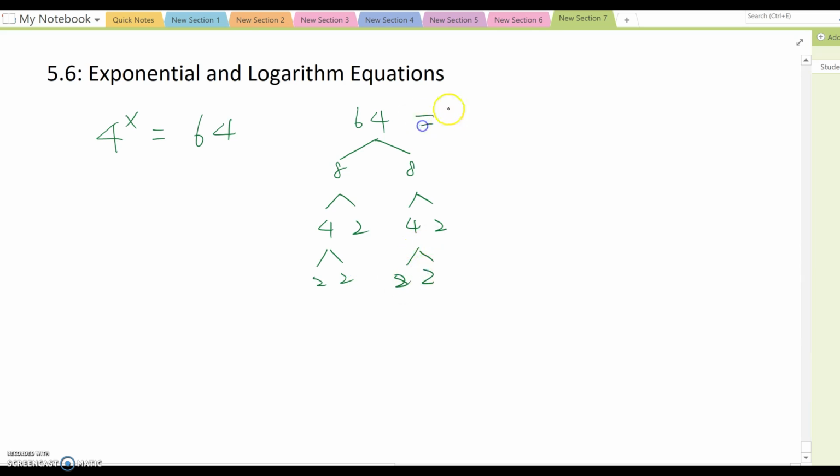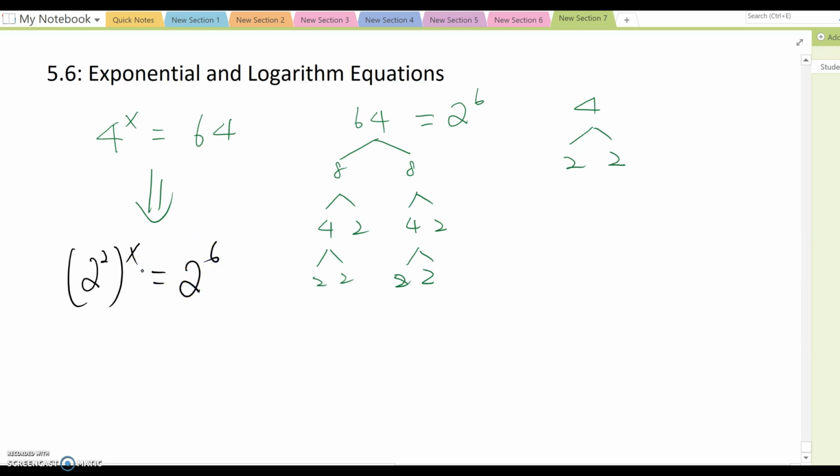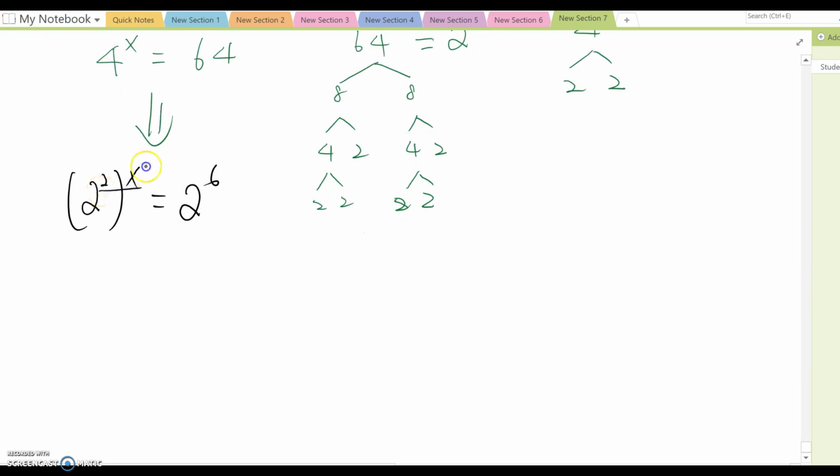So 64 means 2 to the 6th power, and 4 means 2 times 2. Therefore, this becomes 2 squared to the x equal to 2 to the 6th power. And just using the property, then 2 to the 2x equal to 2 to the 6.